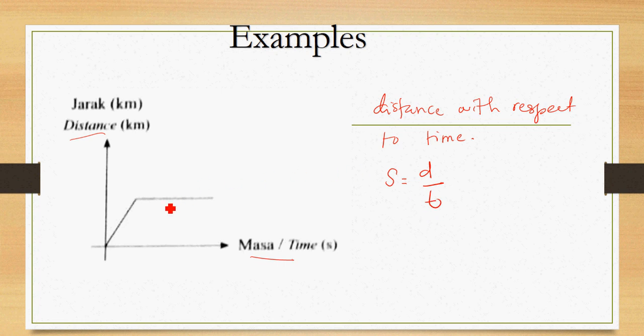So when you calculate the gradient of this graph, you are actually calculating d over t, and d over t equals speed. That means the quantity represented by the gradient of a distance time graph is the speed, or you can say the rate of change of distance with respect to time. But you must know that the rate of change of distance with respect to time is equal to speed.